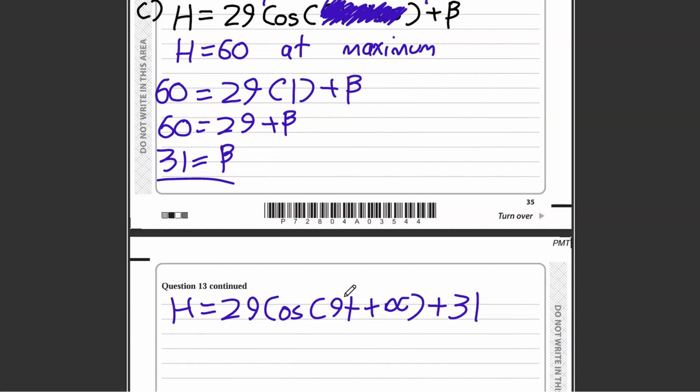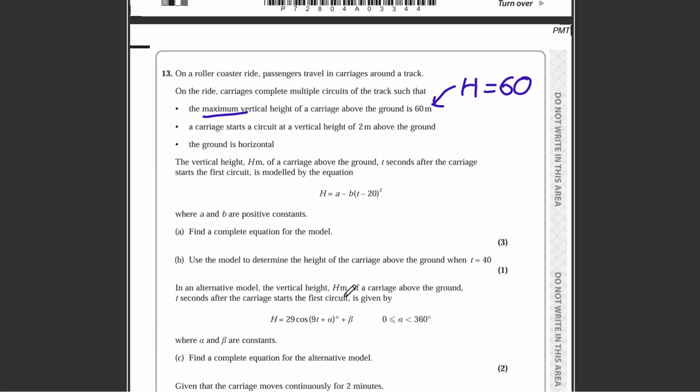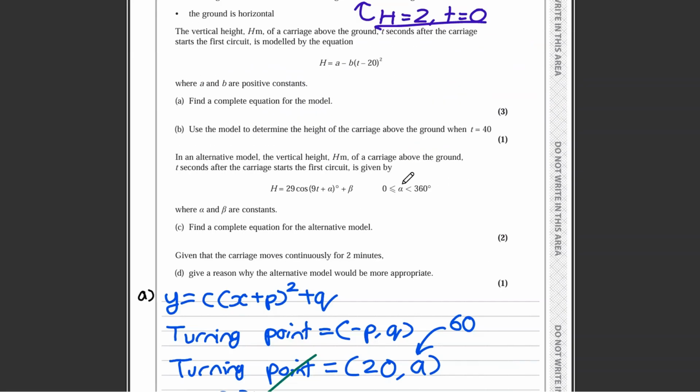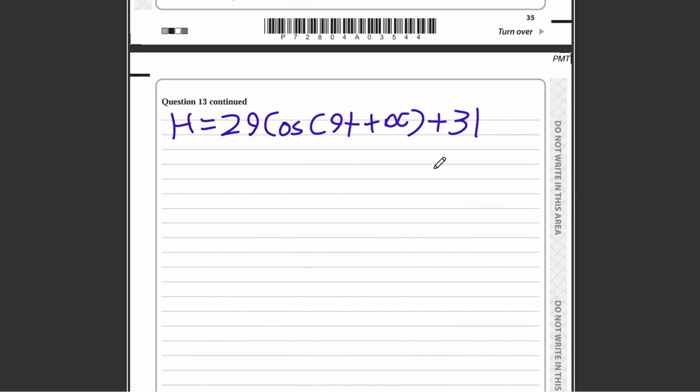Okay, so now we need to find alpha, and this is where we're going to use the second bullet point, where a carriage starts a circuit at a vertical height of 2 meters above the ground. So as we talked about already, this is where h is equal to 2 and t is equal to 0. So we're going to sub this in to this equation here and then rearrange in order to find alpha.